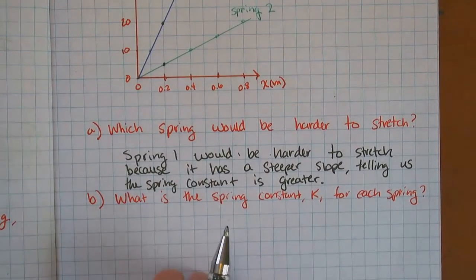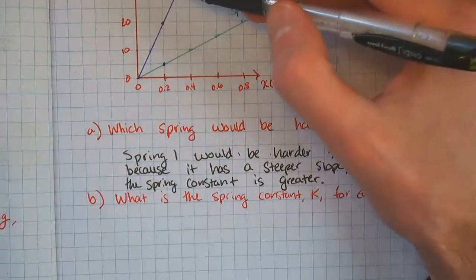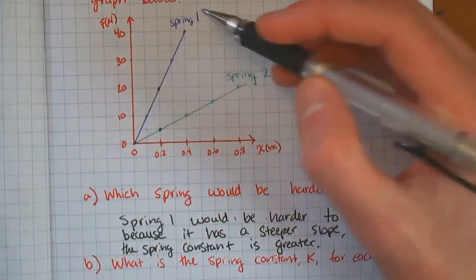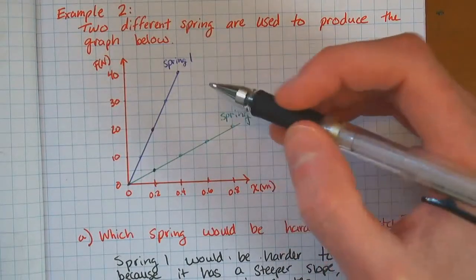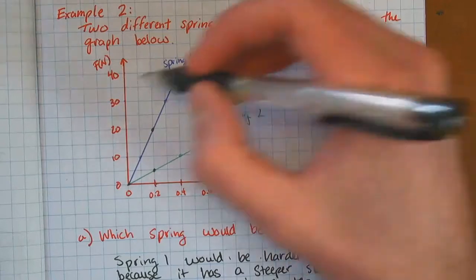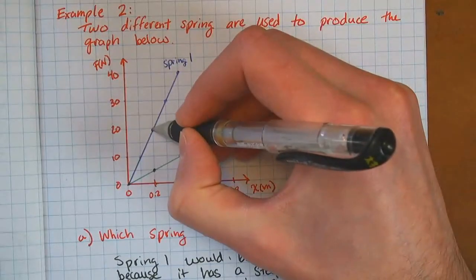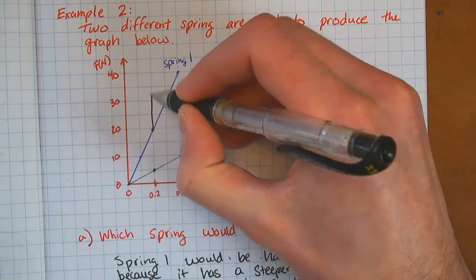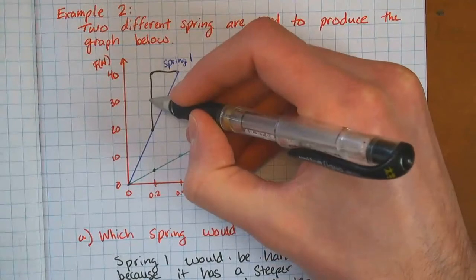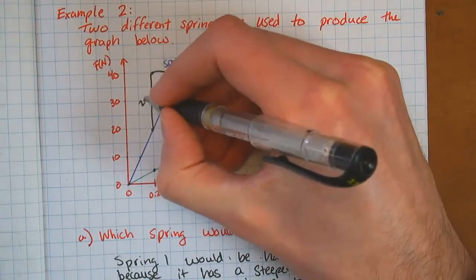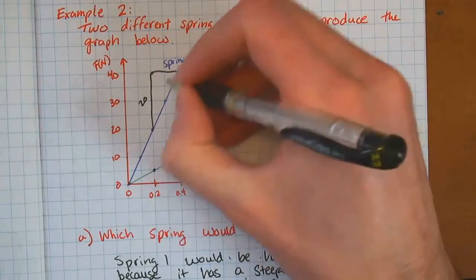Again, those are the slopes of those lines, so we just need to calculate the slope. That would be rise over run. You can take any 2 points you like. Let's do this one. This goes up 20 and then over 0.2.